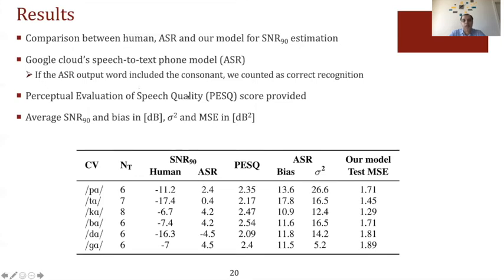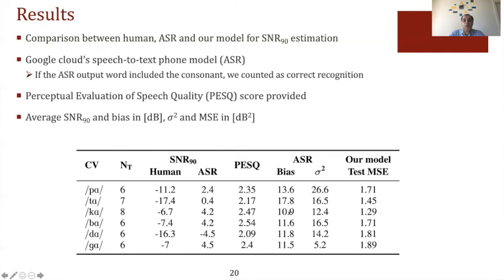The way that we assess SNR90 is that we present the sound to the ASR, and if the output word includes the consonant, we count that as a correct recognition. You can observe that the ASR is very different from human recognition. We also provide the perceptual evaluation of speech quality score as the average for all of the sounds, and as you can see from the numbers, these are good quality sounds.